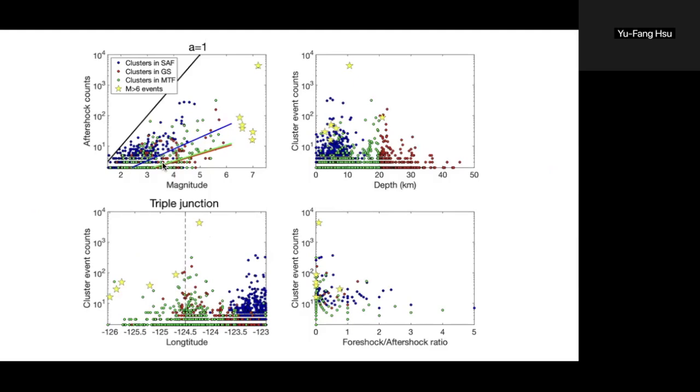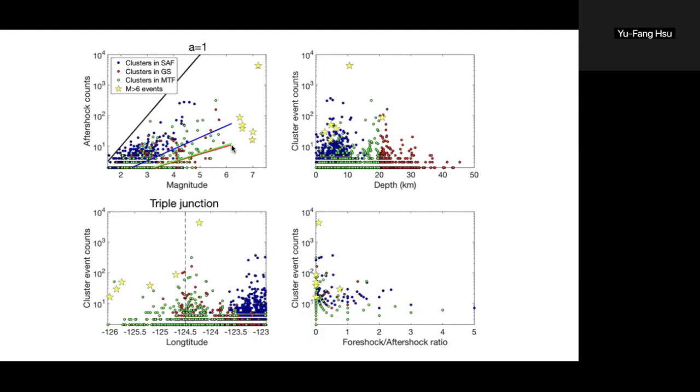The aftershock productivity A is defined as the exponent quantifying the scaling between the number of aftershocks and the magnitude of main shocks of clusters. The A value varies from A equals 0.38 for the NSAF to 0.27 for the MTF and 0.25 for the GS.